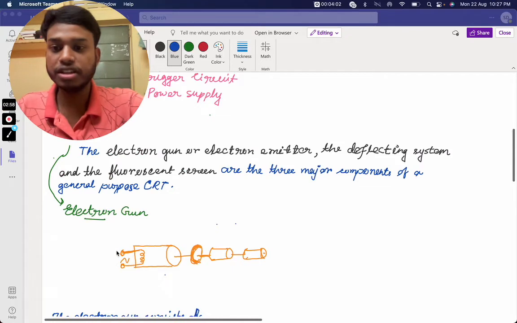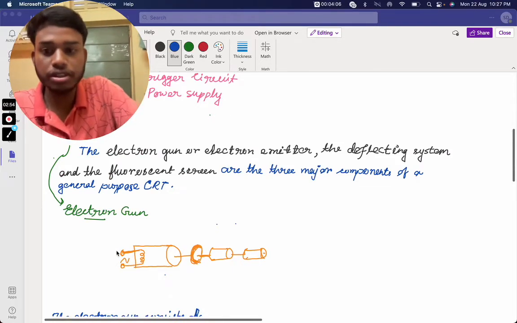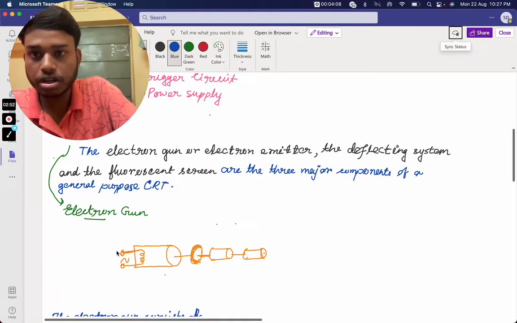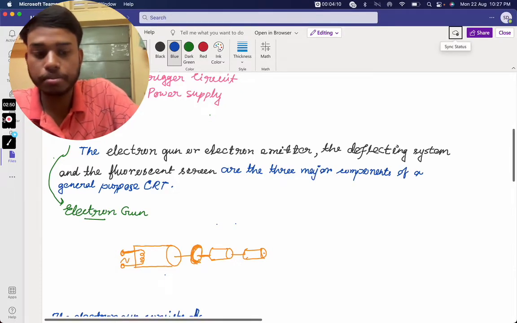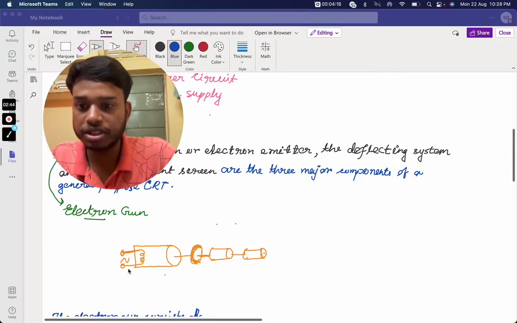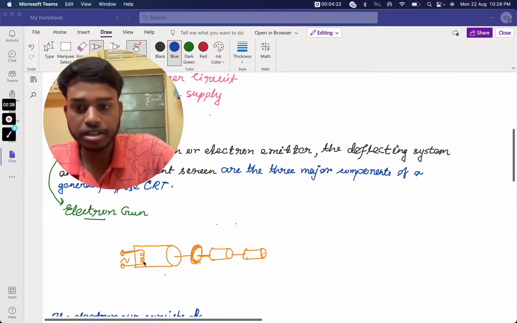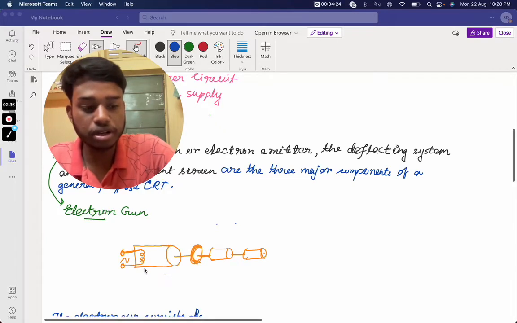Here you can see I have drawn the electron gun. This is your power supply or supply system, and here the cathode is a hot cathode.